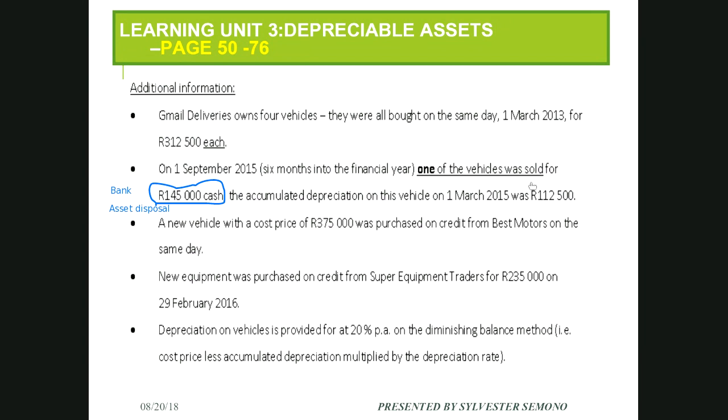And then what do we put under details here? Under the bank account, you must write asset disposal under details. It's the contra that I'm talking about. Yeah. Okay. Are we okay?